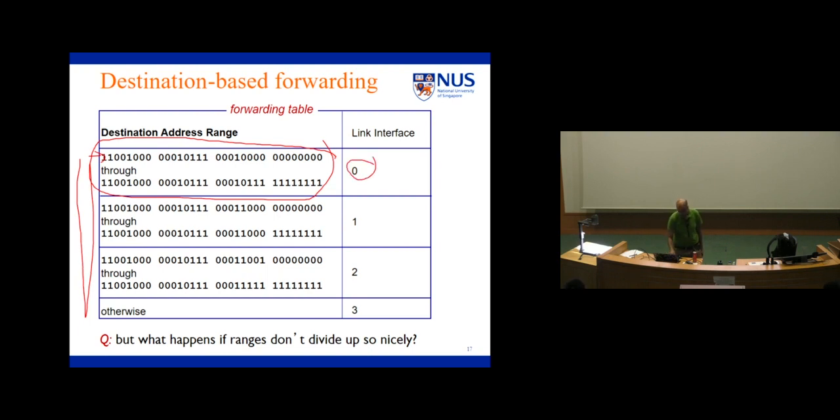Another big range, you just go to 1. Anything in this range, you just go to 2. And anything else, we go to 3. If we were somehow able to do these ranges, then my routing table will be much, much smaller.